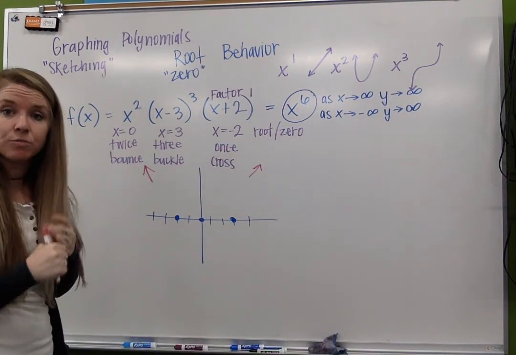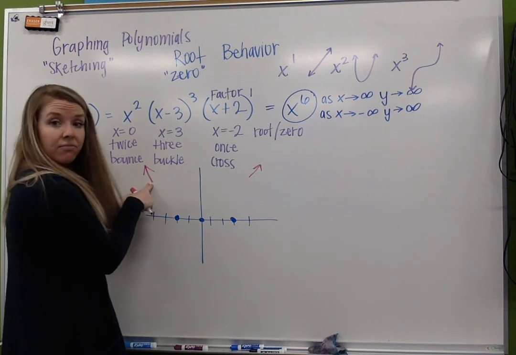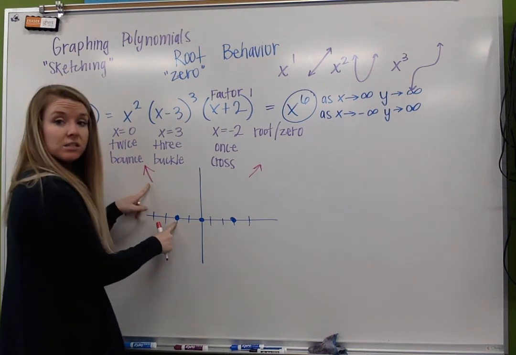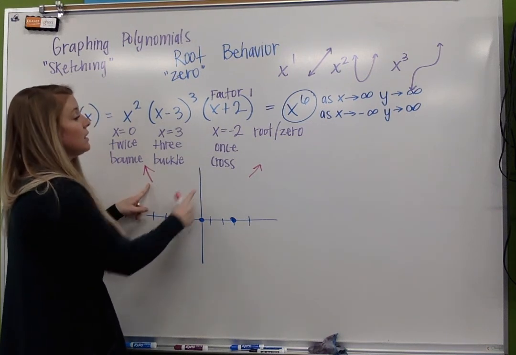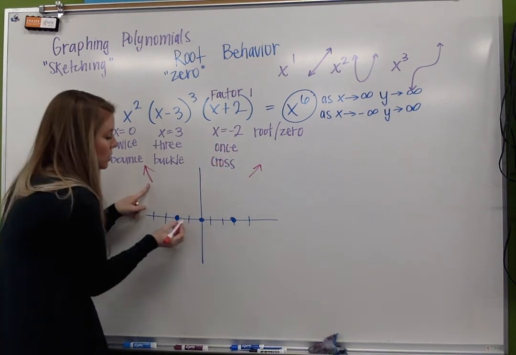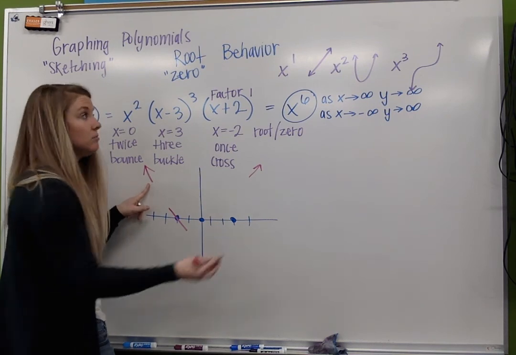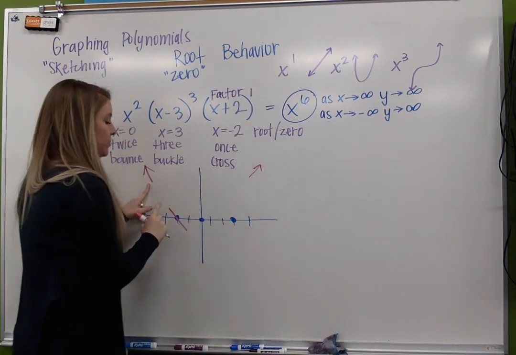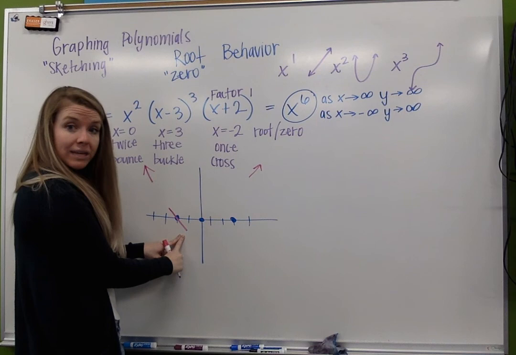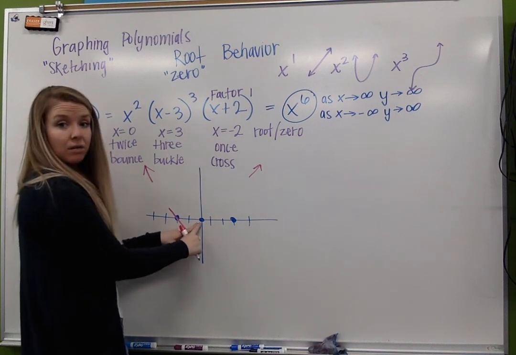And now I can sketch my graph. So if I'm above the x-axis and I come to my first 0, which is at -2, -2 happens once, so it is just going to cross the x-axis. It acts like a line. Okay? Then now I'm below the x-axis and I get to my 0.